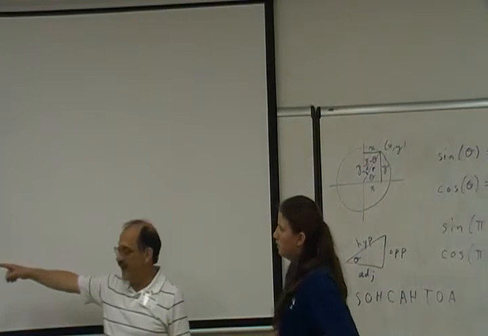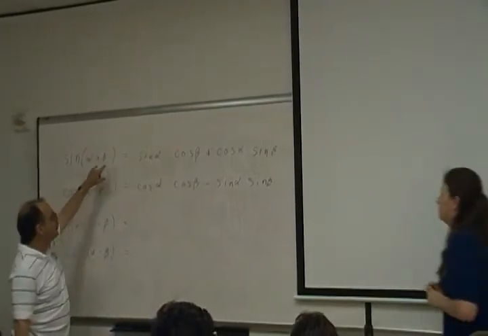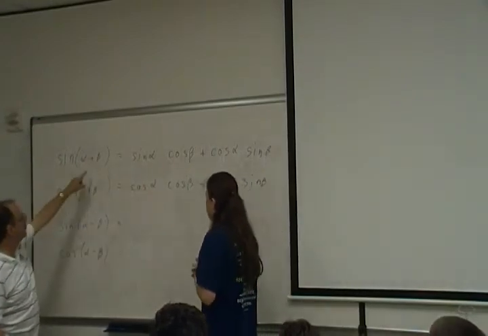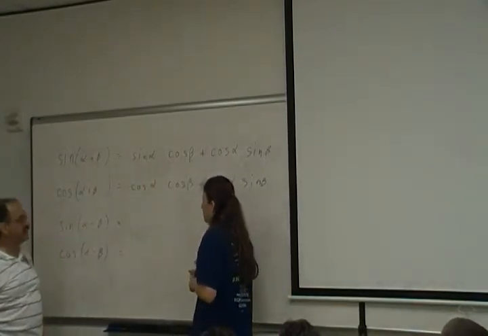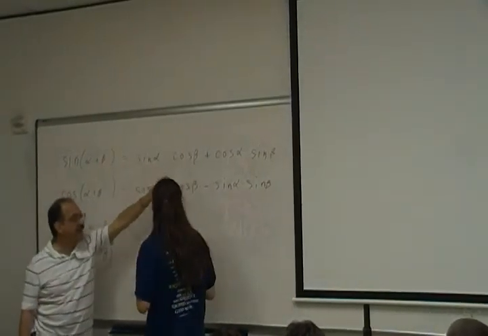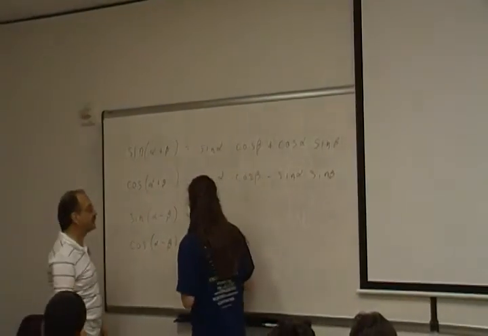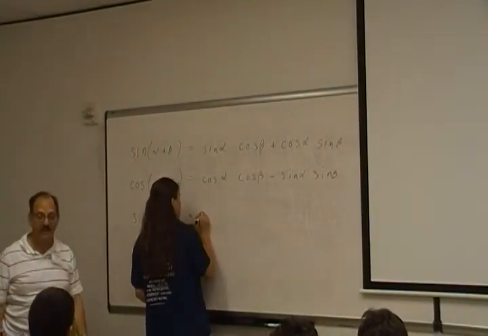Recopy the first line down over here. Everything on this line, but everywhere you see a beta, write a minus beta. So just duplicate that line here, put a minus beta everywhere there used to be a beta.